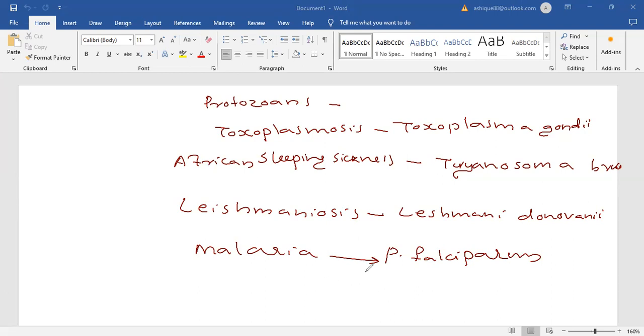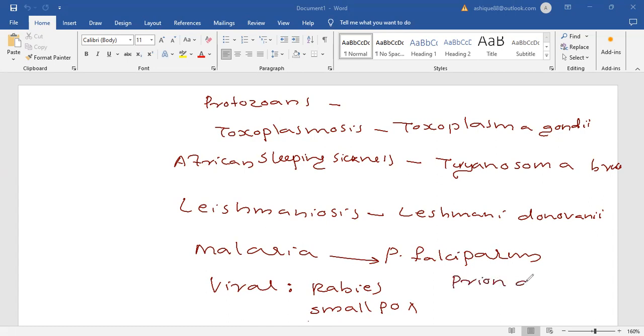And if you're looking for some viral diseases caused by viruses: rabies, you know very well about rabies; smallpox; influenza is causing several diseases.